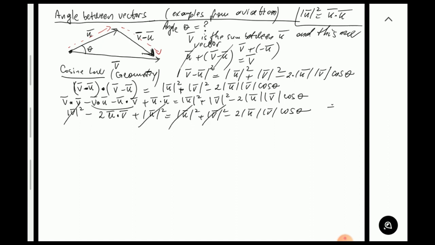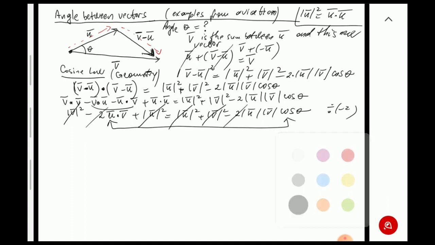We can divide by minus 2 both sides, so minus 2 cancels as well. And if you look carefully at what is left, we arrive at a neat, nice formula for the cosine of the angle between two vectors: U dot V over the magnitude of U times the magnitude of V.